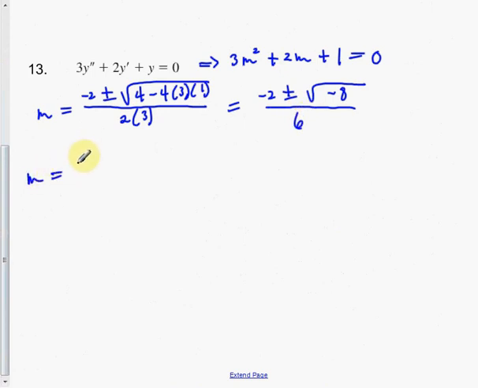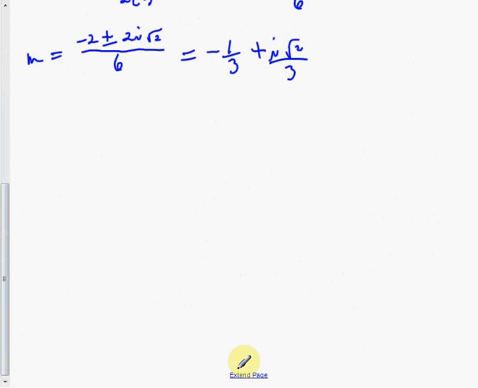So m is equal to negative 2 plus or minus, this becomes 2i times the square root of 2, all over 6. So we get negative 1/3 plus or minus i times the square root of 2, all over 3.